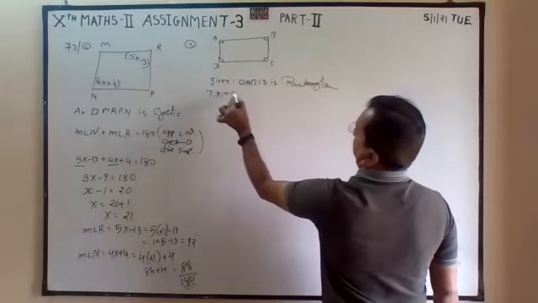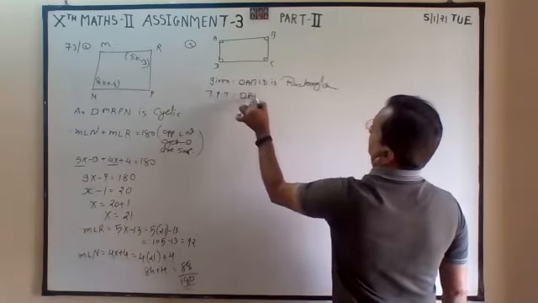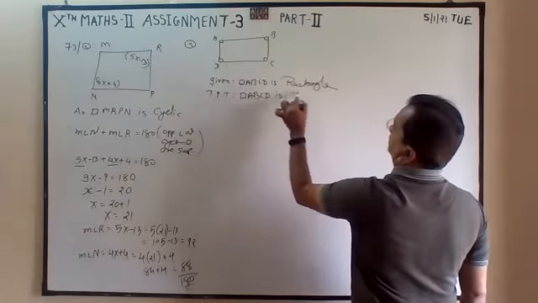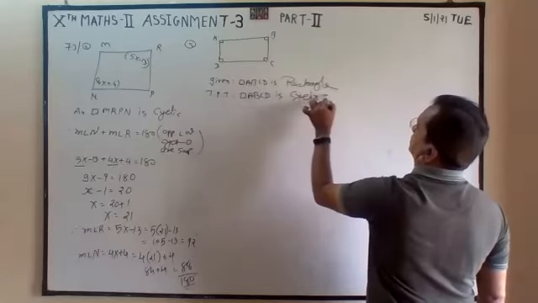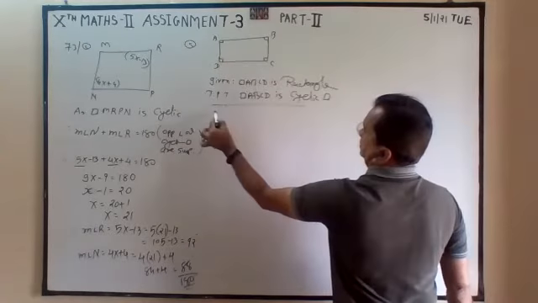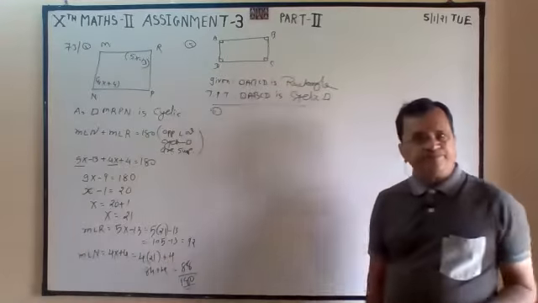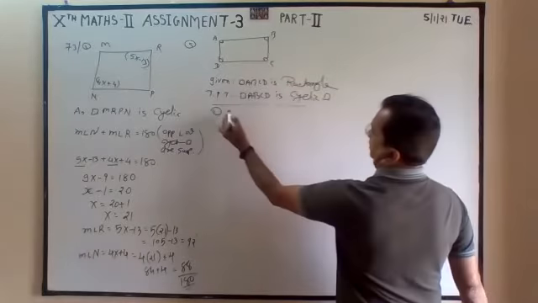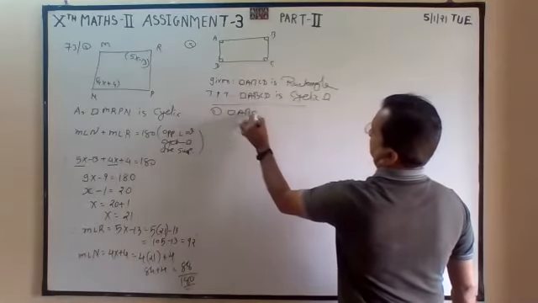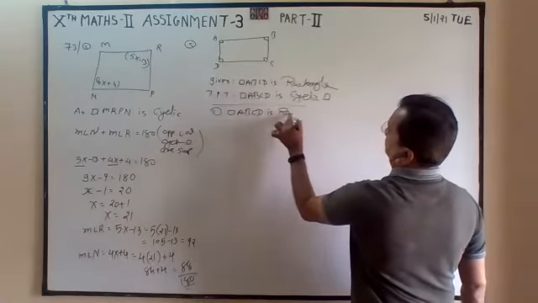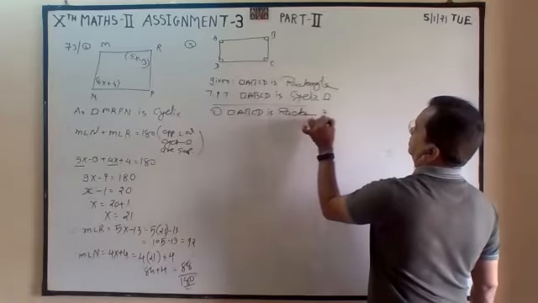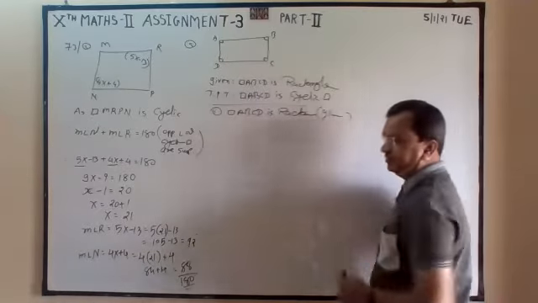To prove that ABCD is a cyclic quadrilateral. Step number 1. It is given that it is a rectangle.